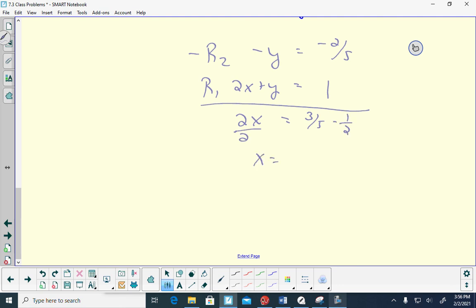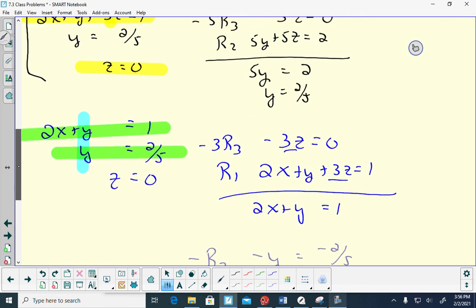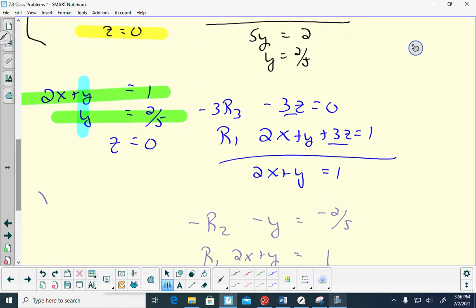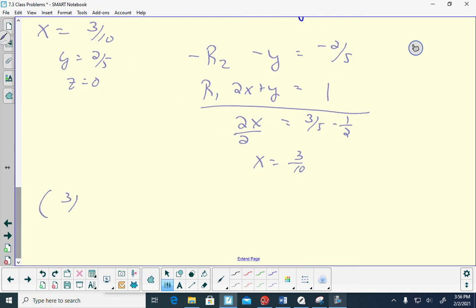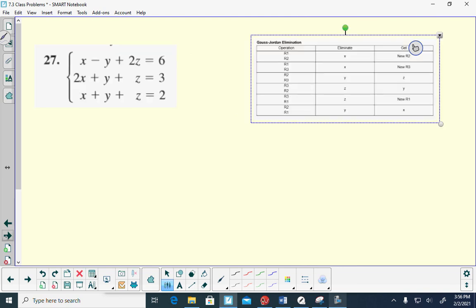And I get x is equal to 3/10. So my ordered triplet, so x is equal to 3/10, y is equal to 2/5, z is equal to 0. My ordered triplet is 3/10, 2/5, and 0. Okay, going on to do the next one.